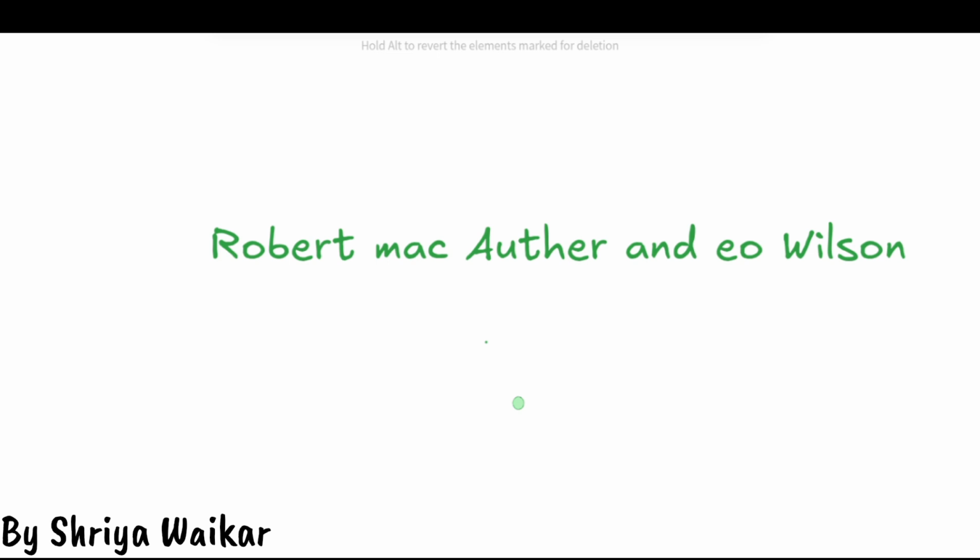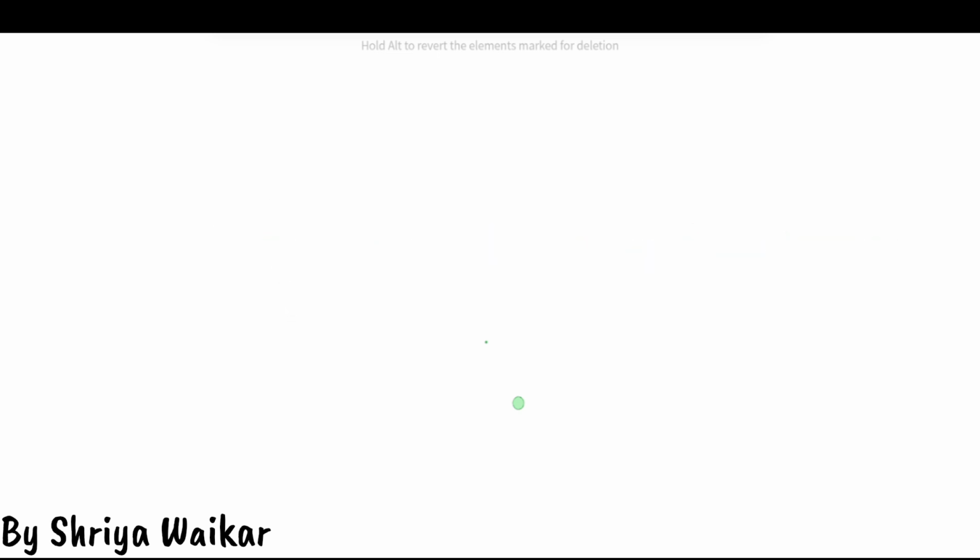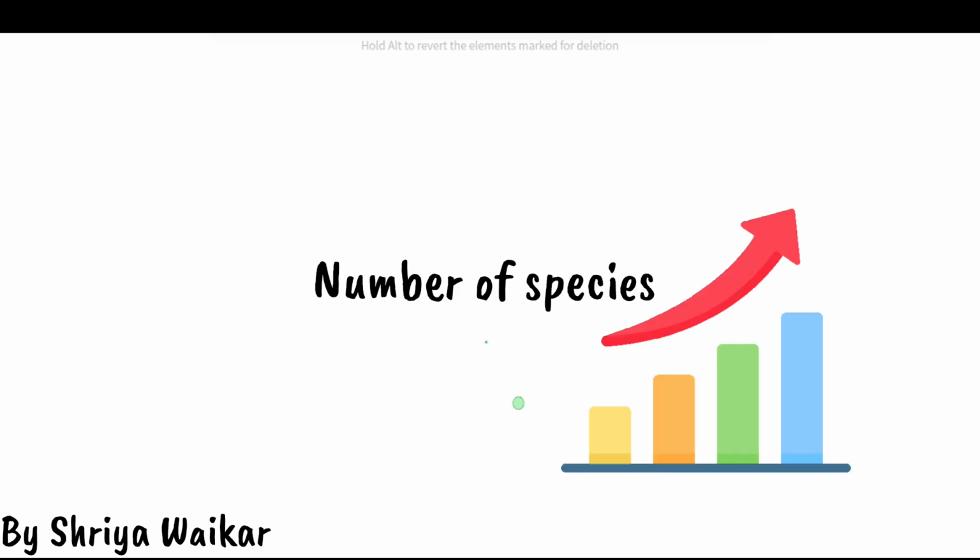So when an island is nearly empty, when there are no species on the island, the extinction rate is necessarily low because few species are available to become extinct. As more species inhabit an island, the extinction rate increases because of the greater likelihood of competitive exclusion.